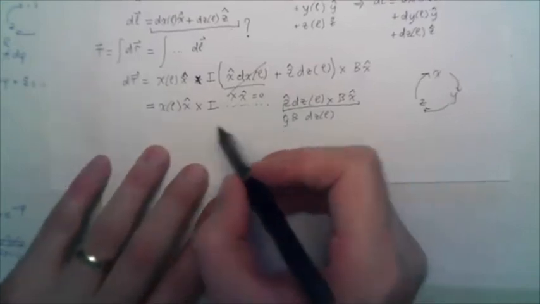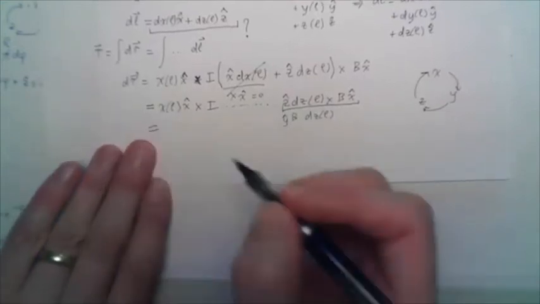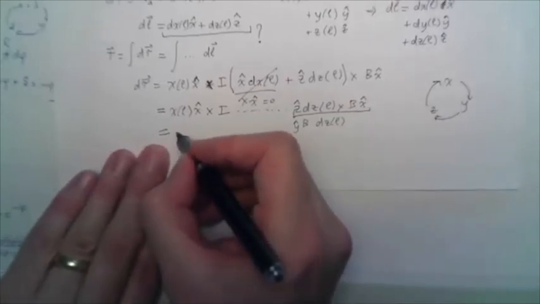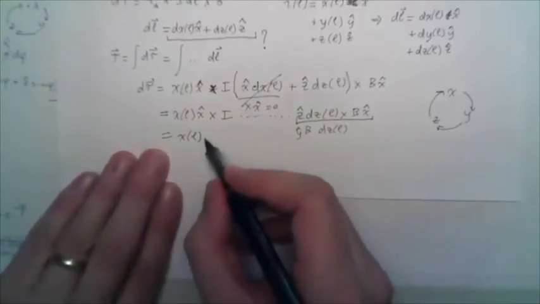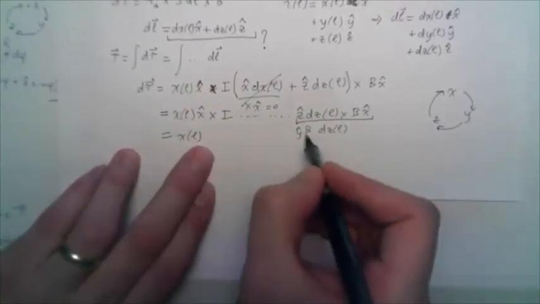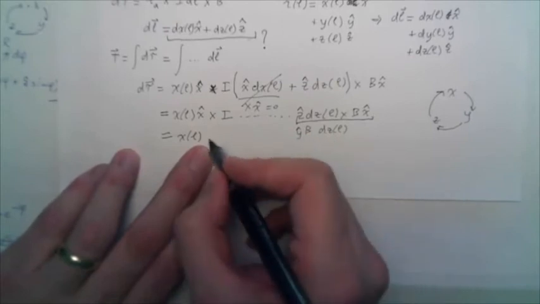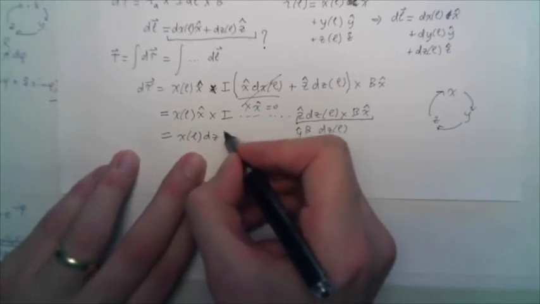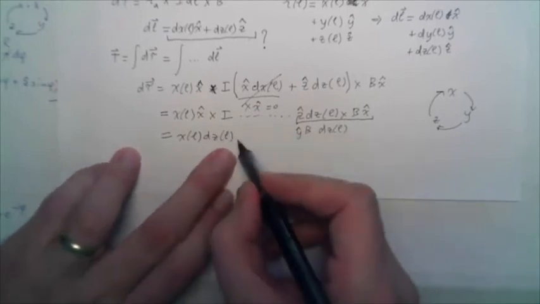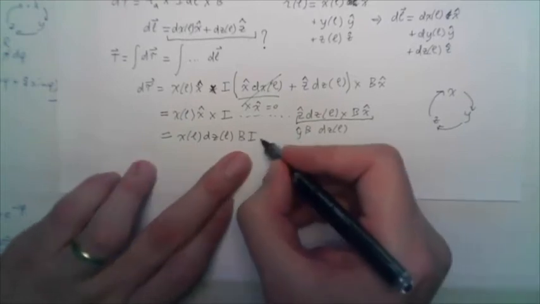And now we have an x crossed with a y is z hat. So we have an x times L, and x cross y is z hat, so that's going to come all the way at the very end. And we have a dz of L, so I'm going to write this, that's dz of L. And then we have an I and a B, and we have a z hat.